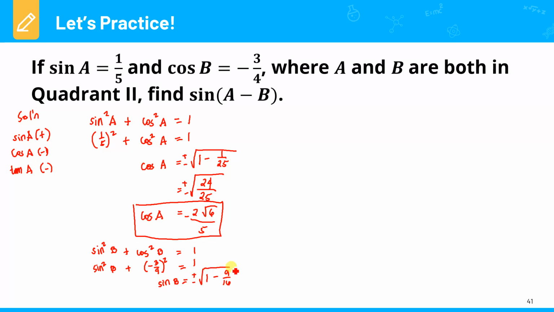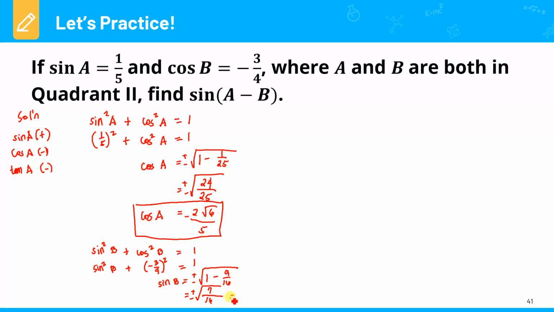The 1 here can be transformed as 16 over 16. So 16 minus 9 is equal to 7, so you have 7 over 16 under the plus or minus square root.